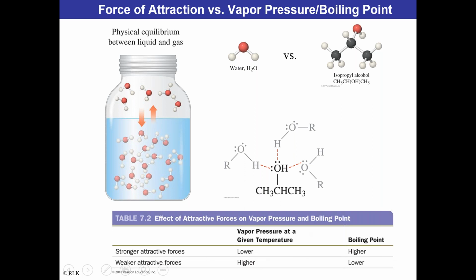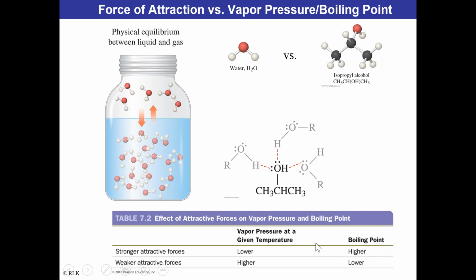You would also know that the vapor pressure at a given temperature would then be higher. Vapor pressure is another way of saying, is this going to be a stable system or is it not? Meaning, is it going to want to undergo a phase transition from the liquid to a gas state, or isn't it? If you have a low vapor pressure, that means you have greater stability, and that gives rise to a higher boiling point.